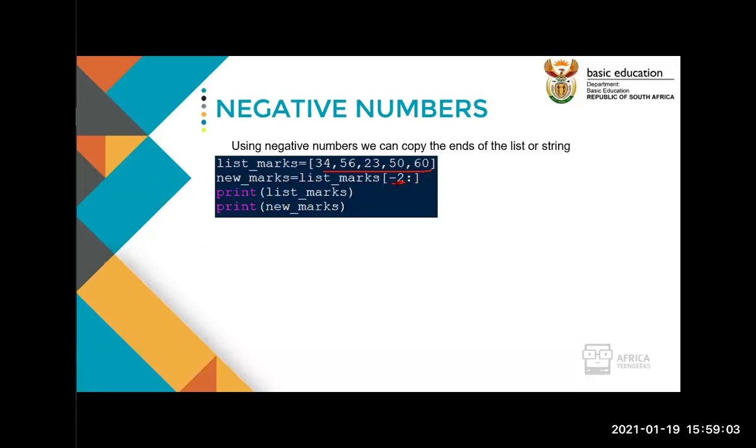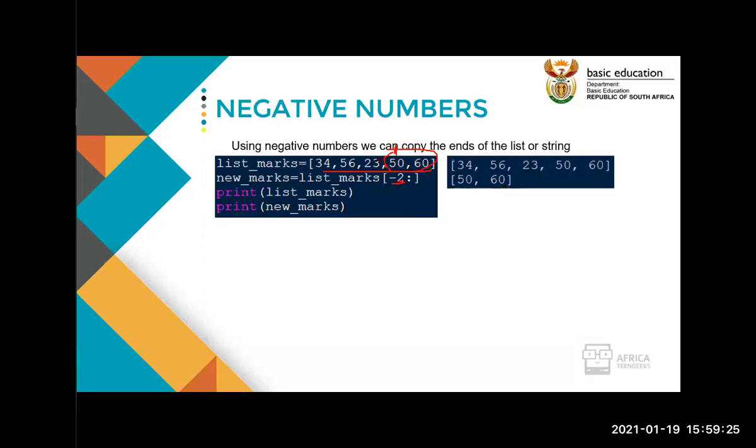Remember, what does -2 mean when I use it in a list? It means second last position. Here's the second last position. So it's going to copy 50, and since I didn't tell it when to stop, copy 50 and 60. There we go, it's copying 50 and 60.